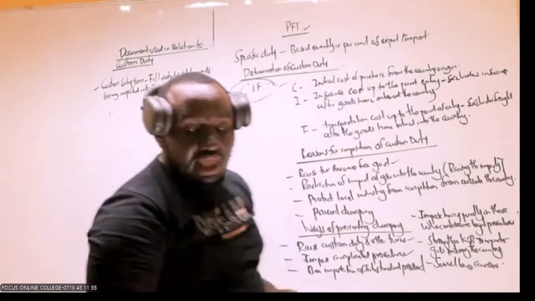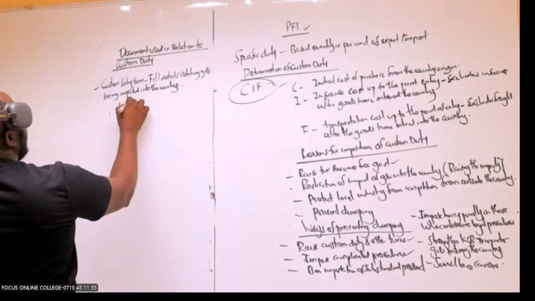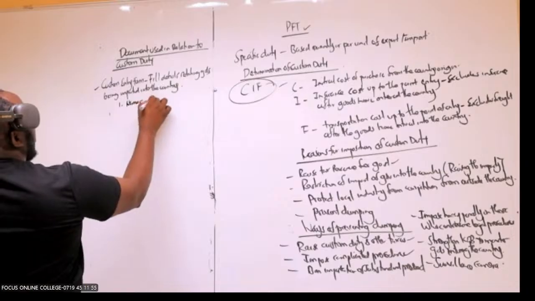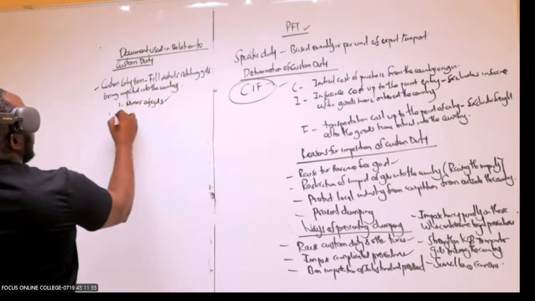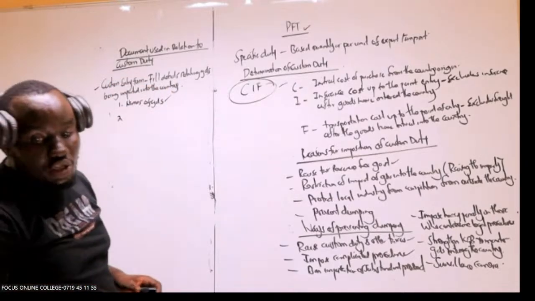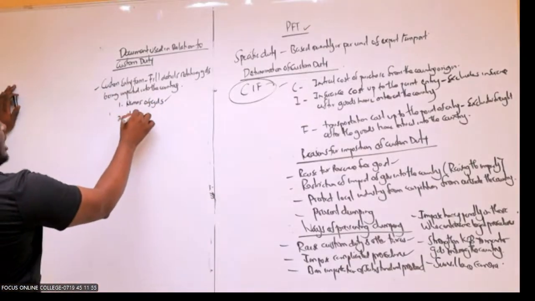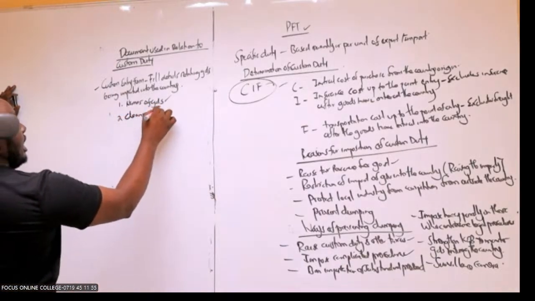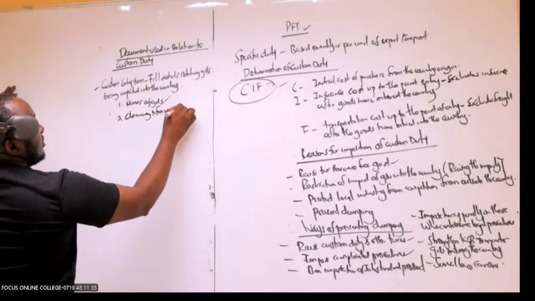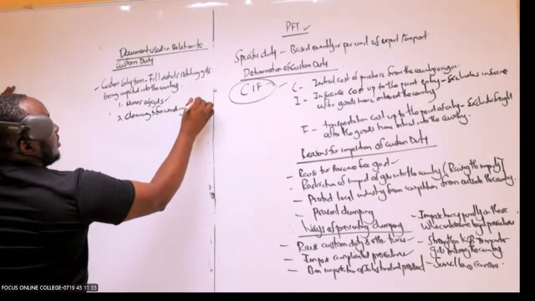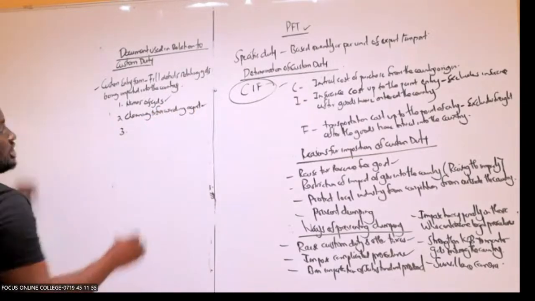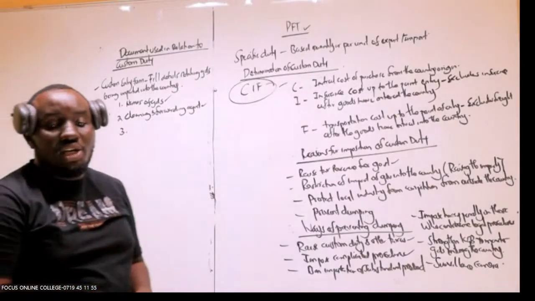So we'll have the names of the goods. We'll have the clearing and forwarding agent.